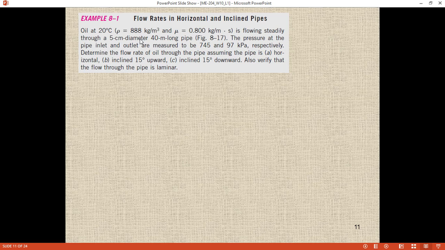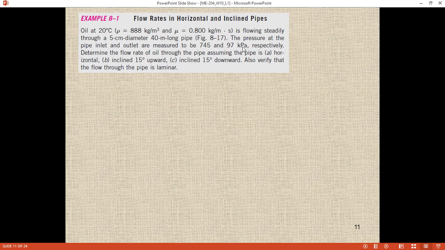The diameter of the pipe is 5 centimeter and the length of the pipe is 40 centimeter. The pressures at the pipe inlet and outlet are measured to be 745 and 97 kilopascal. The pressure at the inlet and outlet is given, which means delta P is known.